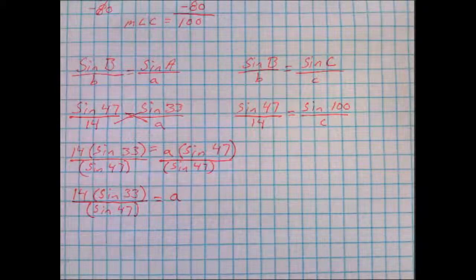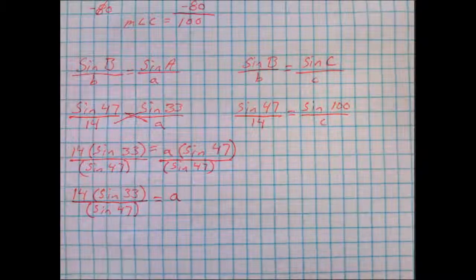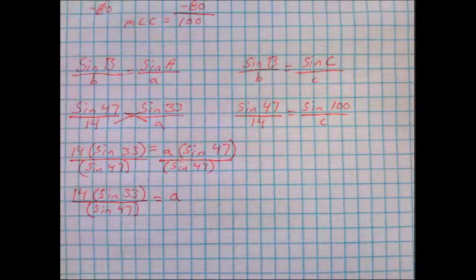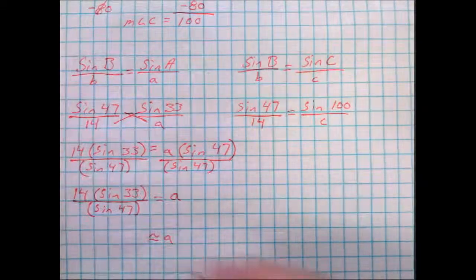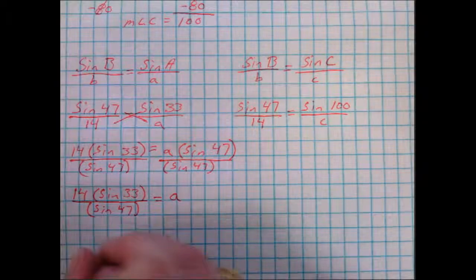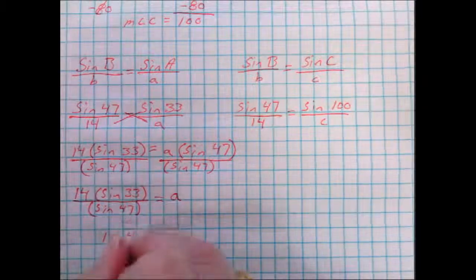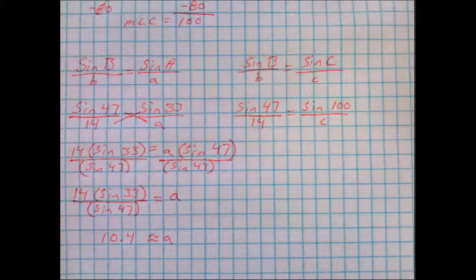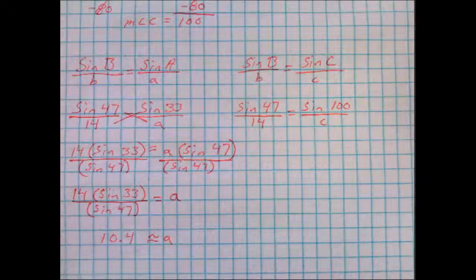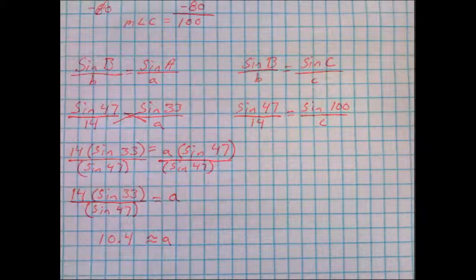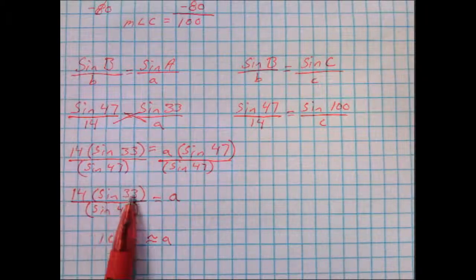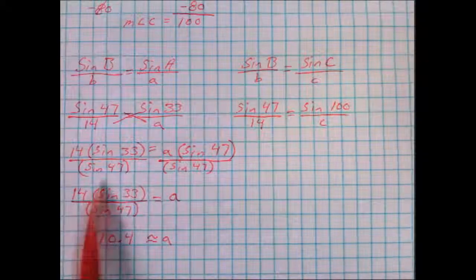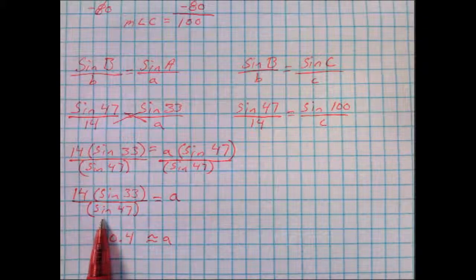So then when we punch that into the calculator, rounding the sides to the nearest tenth, I get approximately 10 and 4/10, or 10.4. When you punch that in the calculator, it's really important to make sure that you keep the 14 sine of 33 as the numerator and sine of 47 as your denominator.